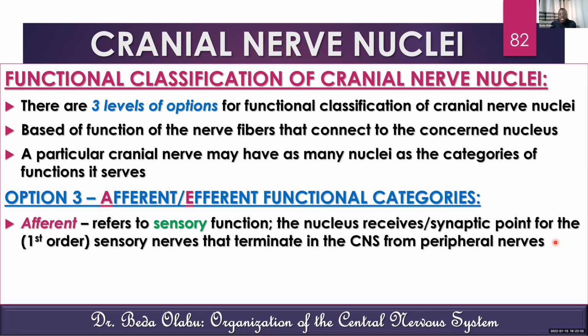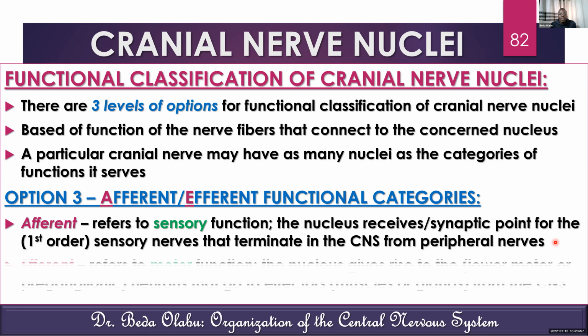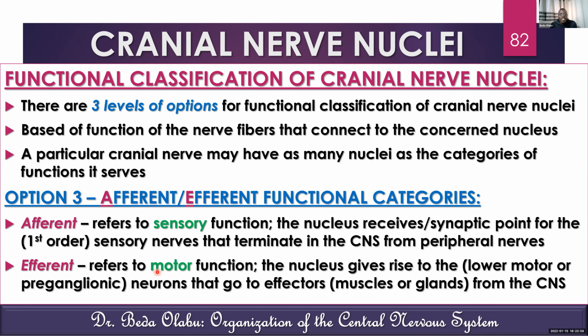And so when do you call it efferent? We call it efferent if it's a motor nucleus. And that means that it gives rise to neurons which go either to skeletal musculature, those are the ones we call the lower motor neurons, or it's giving rise to the preganglionic neurons that go to synapse with postganglionic neurons for the sake of autonomic function.